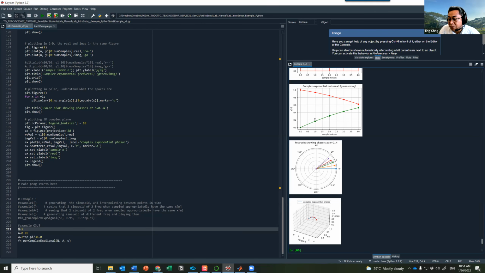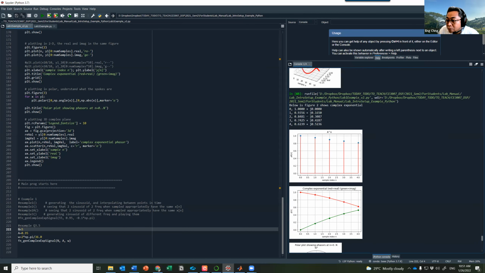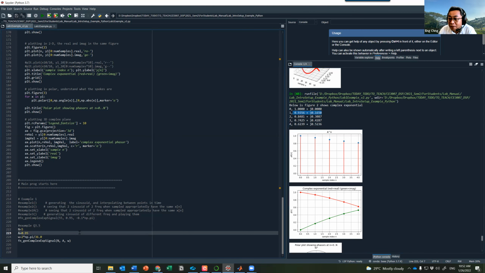Now, of course, if we do not believe that we get it right, so I'm going to try it. Oops, did I make a mistake? I know why I made a mistake. Okay. Now, because I'm showing you the number after multiplying by a to the power of n. So I'm going to now cheat and I'm going to set a to 1 first.